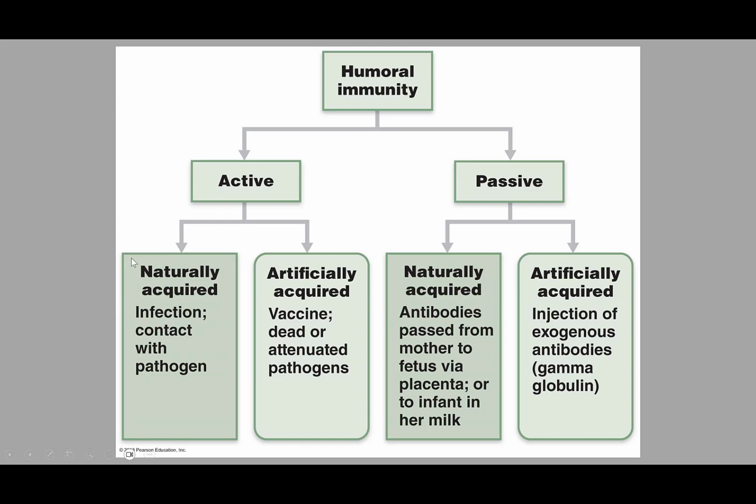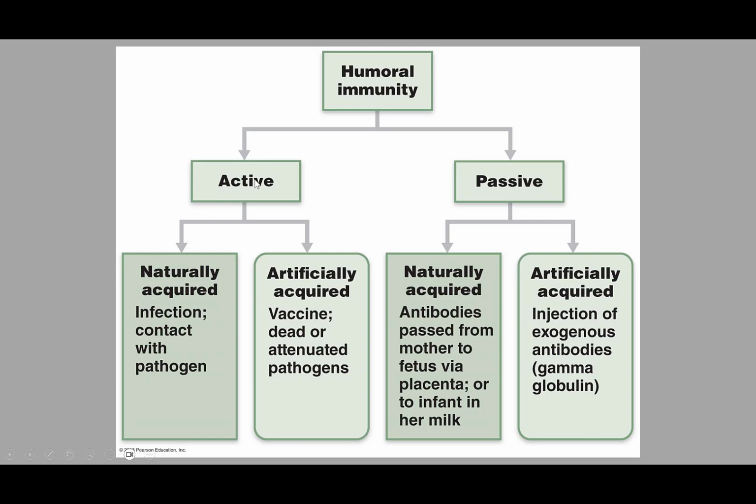But when a pathogen enters your body, your immune system will start to make antibodies against it. So you are making the antibodies against a pathogen that has infected you.